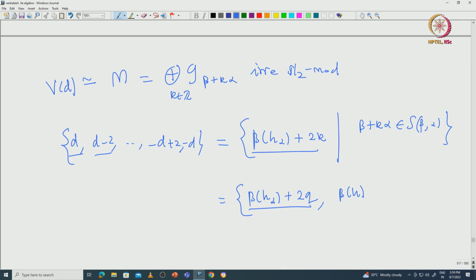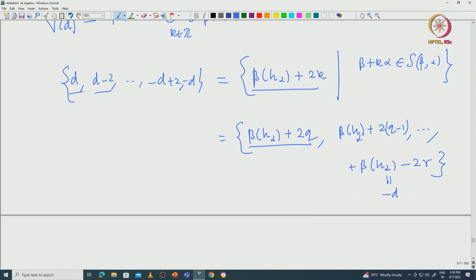So, this is the max value, beta of H alpha plus 2q minus 1 and so on. Then you go all the way down to minus beta of H alpha minus 2r, and this is going to be your minus d and the other is going to be your plus d.